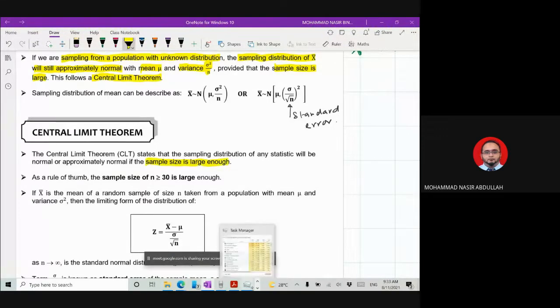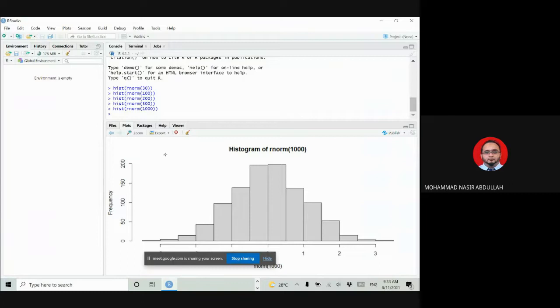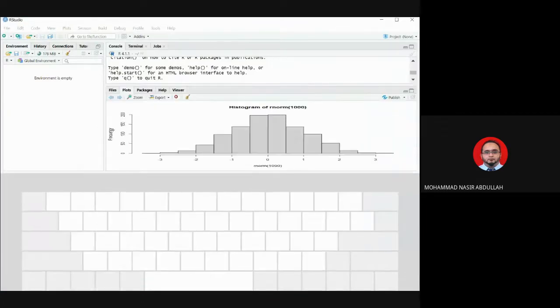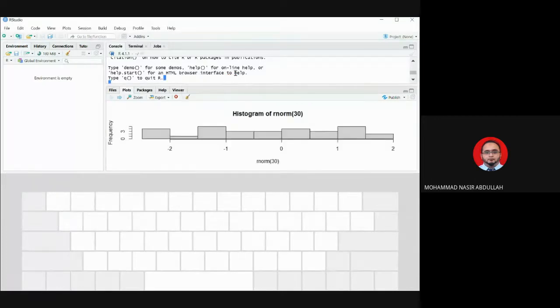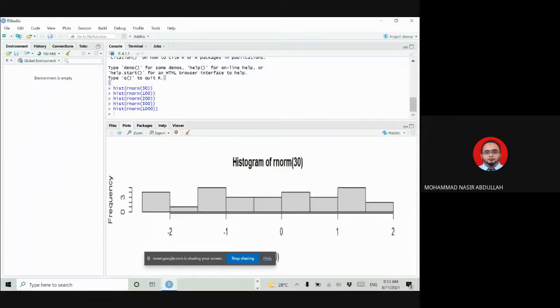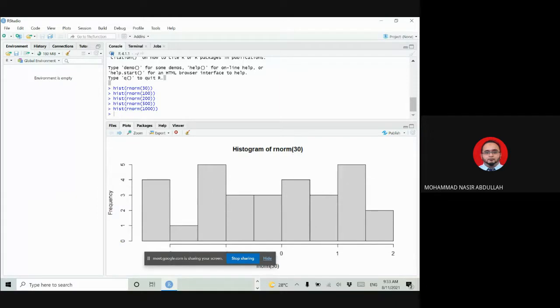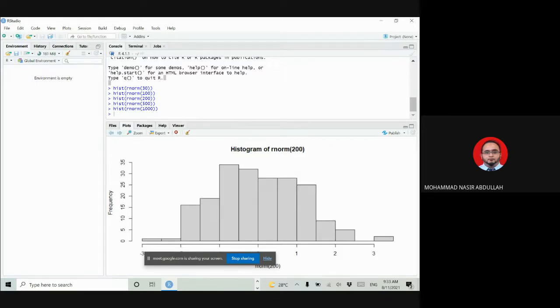Means that the more we increase the sample size, let's see the change. Looking here, this is the sample size of 30. If I increase to 200, the shape becomes approximately normal distribution.